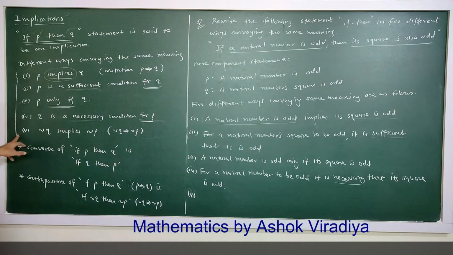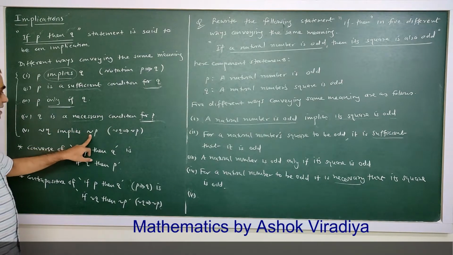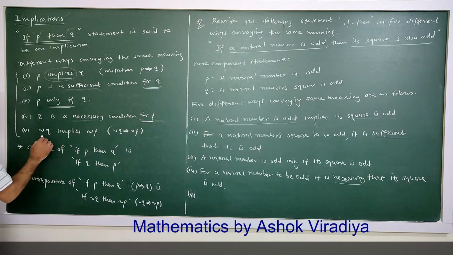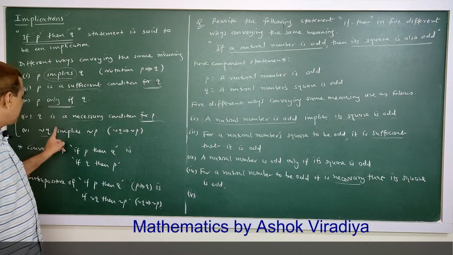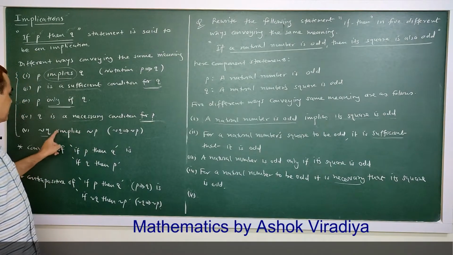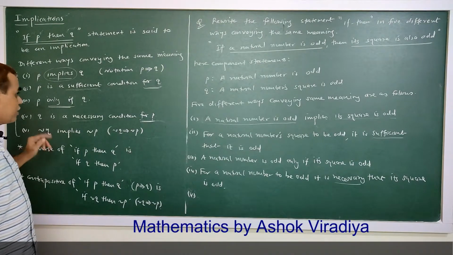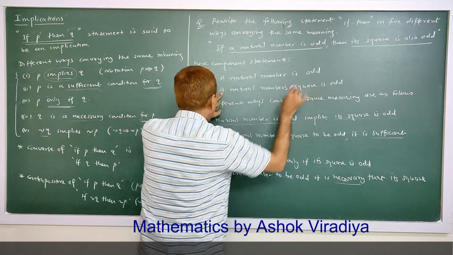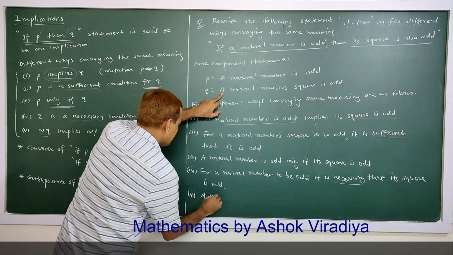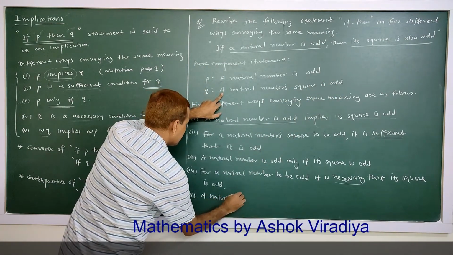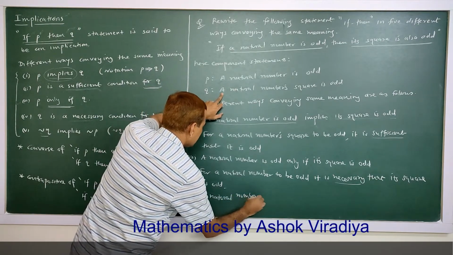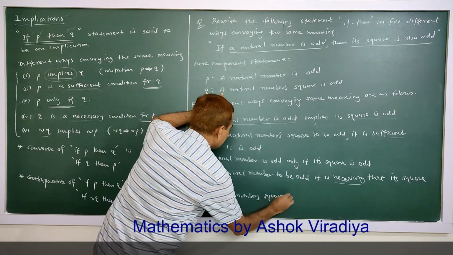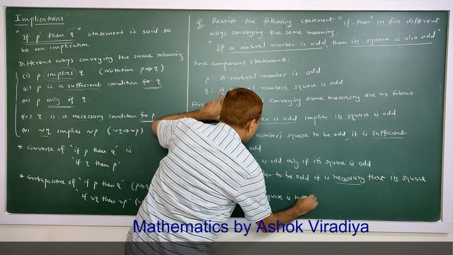Now the fifth method. Not Q implies not P. Means negation of Q implies negation of P, using the word implies. So not Q means negation of Q. A natural number's square is not odd.